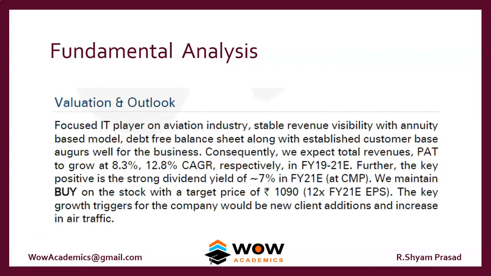This is a brokerage's report regarding a company, and they suggest that we buy the company's share. They say it depends on 12 times PE into the financial year 21 estimated EPS. When you multiply the PE by the EPS, you get the intrinsic value of the company, which comes to 1090.